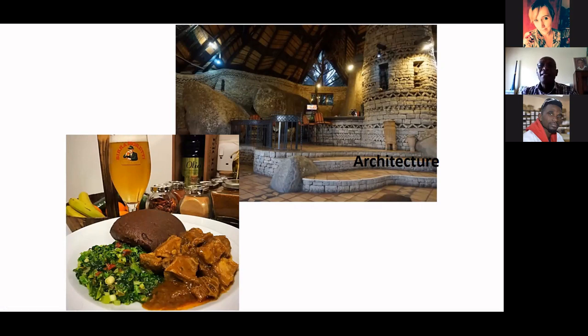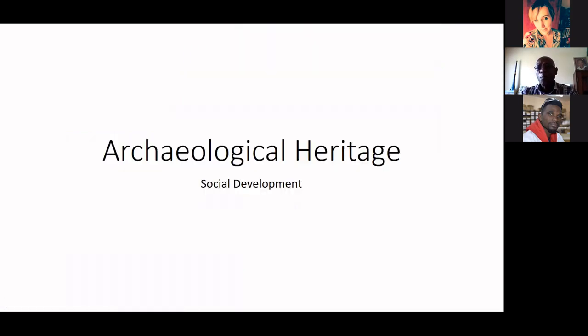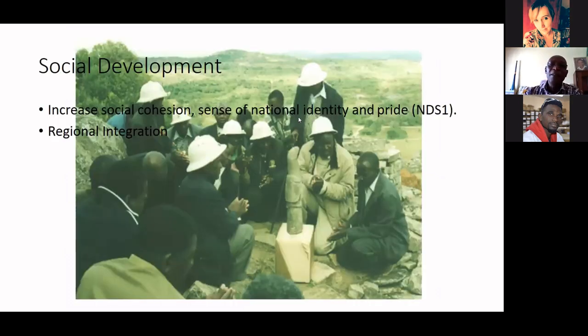But again, this is where I see archaeology also playing a role. And of course, it continues to play an important role in social development, especially in building social cohesion, having a sense of national identity and pride.